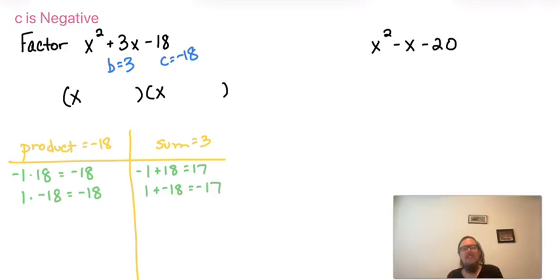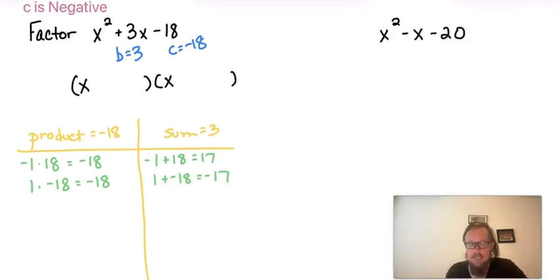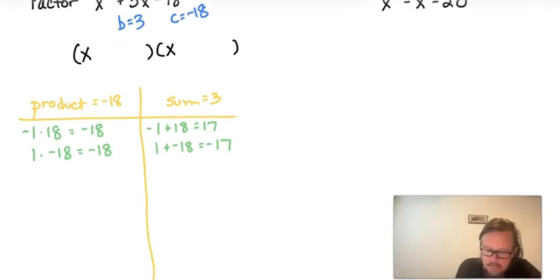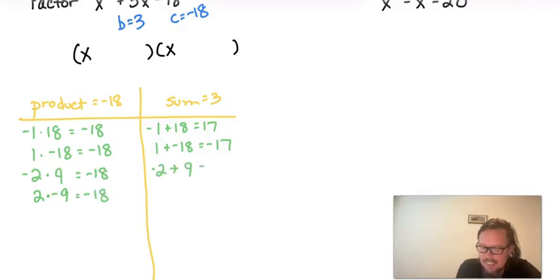And we're looking for one that has a sum of 3, so this is not going to do it. What about 2 and 9? That could be negative 2 times 9, or it could be 2 times negative 9. Those are both negative 18. Negative 2 plus 9 is 7. And 2 plus negative 9 equals negative 7.